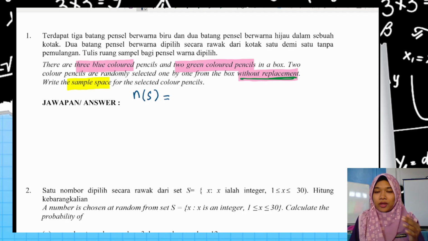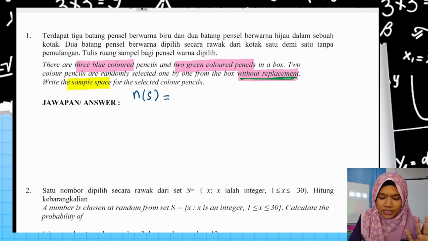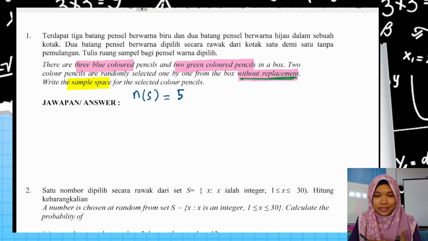For event 1, how many possible outcomes? You have 3 blue colored and 2 green colored, so in total you have 5 for the first time. For the second time, how many colored pencils do you have in the box?